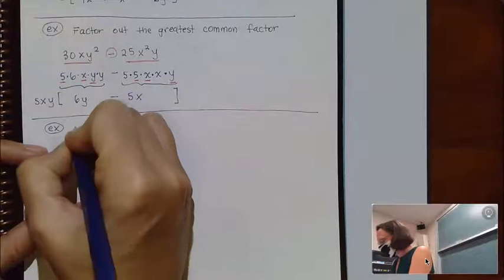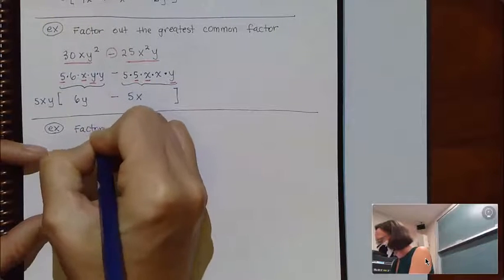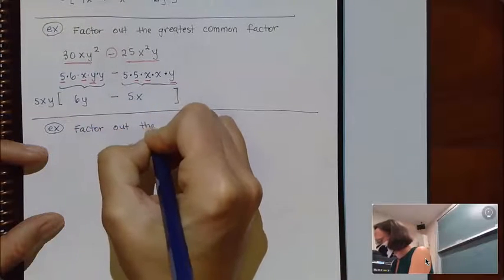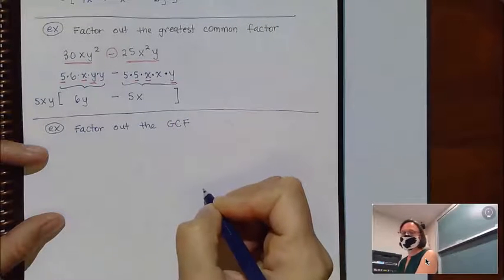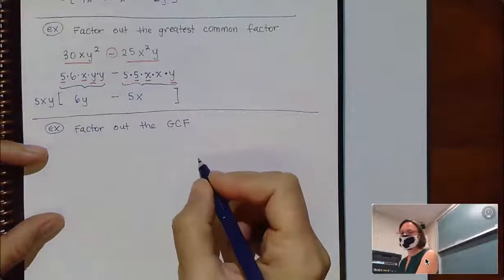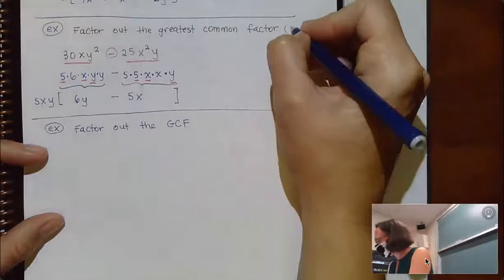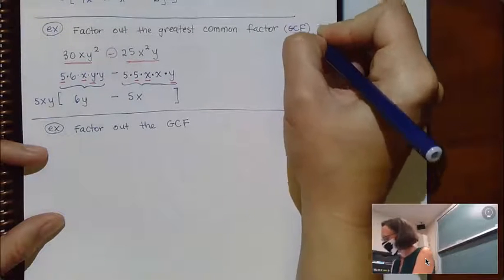But how about, so we're going to factor out the greatest common factor. I'm going to be lazy and abbreviate that GCF for greatest common factor. I'll put it up here. Greatest common factor.